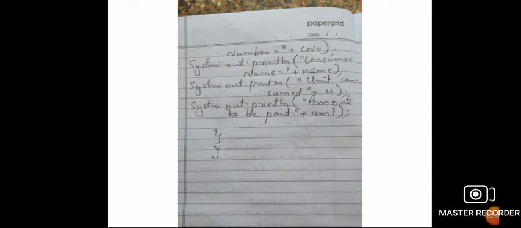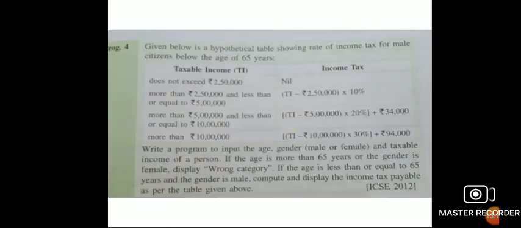Then display all the output statements: System.out.println money receipt, consumer number, consumer name, unit consumed, and amount to be paid. Okay, these are the output statements. And the next question.